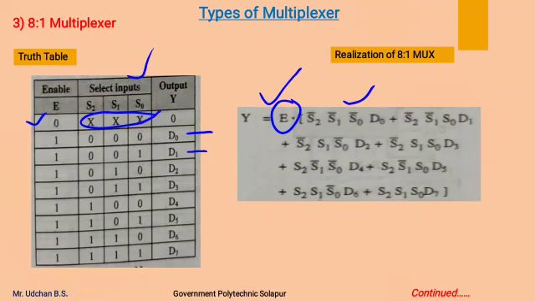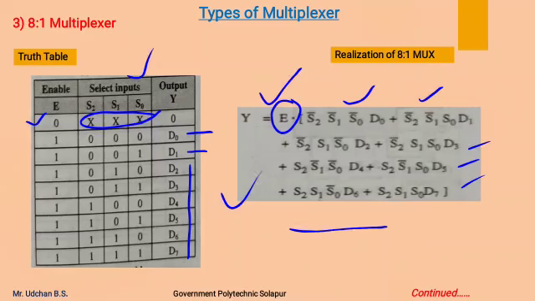If we take the second one, S2 S1 are 0 0 and S0 is 1, so S2 bar S1 bar S0 and D1 term is written. In the same manner, all the remaining 6 terms are written over here. This is our final output equation of 8:1 multiplexer.